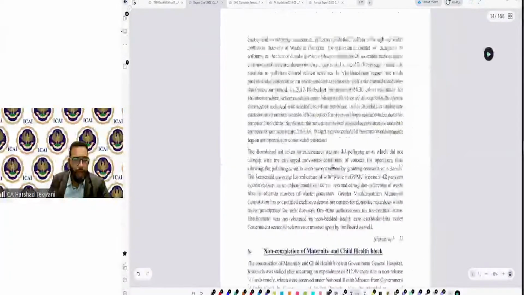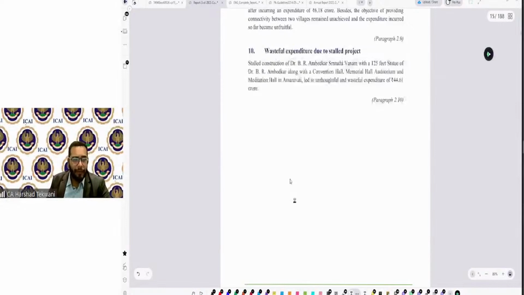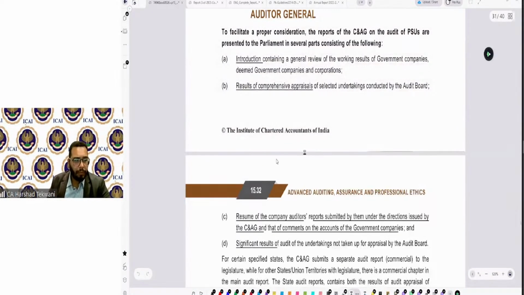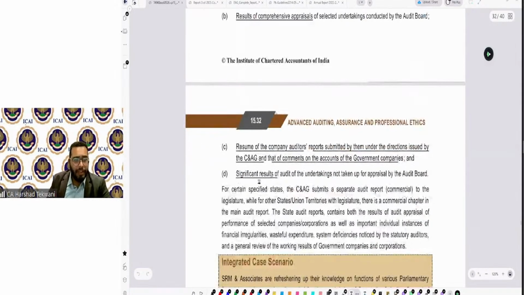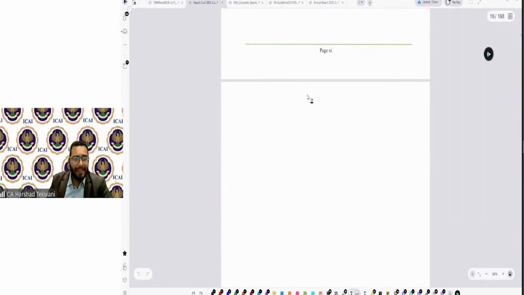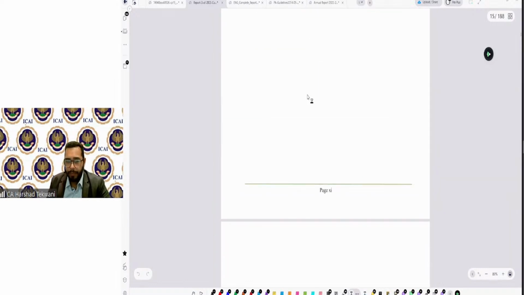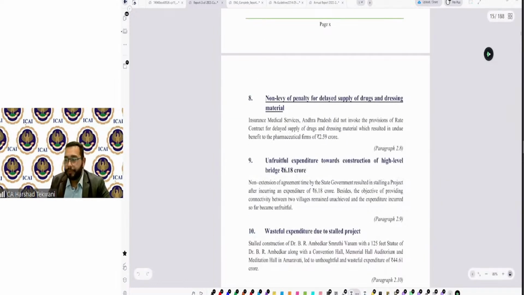Okay. Resume means a summary. Then significant results of the audit of the undertakings not taken up for appraisal by the audit board. Means if something is not taken up by the audit board, then the significant results of the audits of those undertakings, if there is something over and above which is done, will be the fourth part of that particular audit report.